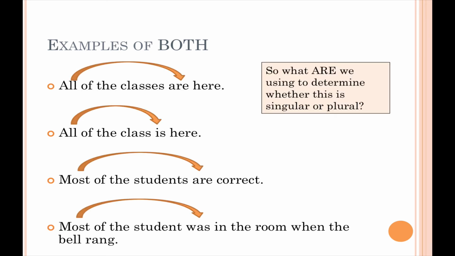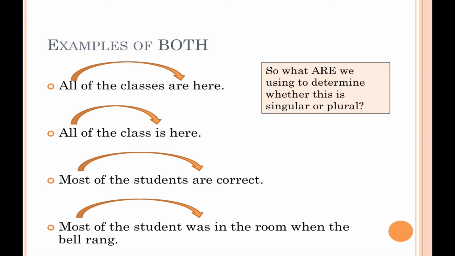So here's some examples of sentences that are using these indefinite pronouns. It could be both singular or plural, depending on the context. So number one, all of the classes are here. Again, the subject has to be not in a prepositional phrase. Therefore, the subject is all. And so in this case, all are here.